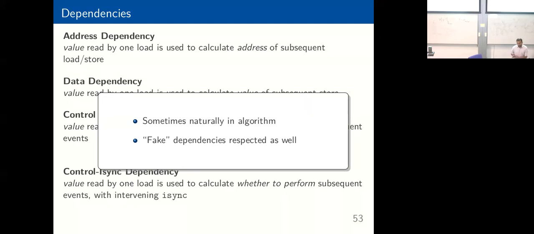But the hardware will still think that's a dependency. Back in the old days, this was because the hardware didn't have enough resources to quickly calculate whether it would always be 0 or not. And because programmers have started depending on this kind of dependencies, they guarantee forevermore that they're not going to optimize away that bit.